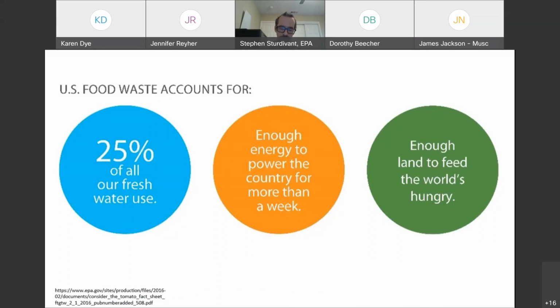And when I first became an environmentalist, I was trying to take shorter showers and not water my lawn, and don't wash my car, and doing all these things which are important. But I didn't realize to look in my trash can, like that's where most of my water was going. So now when I want to reduce my water use, I think about my food choices.